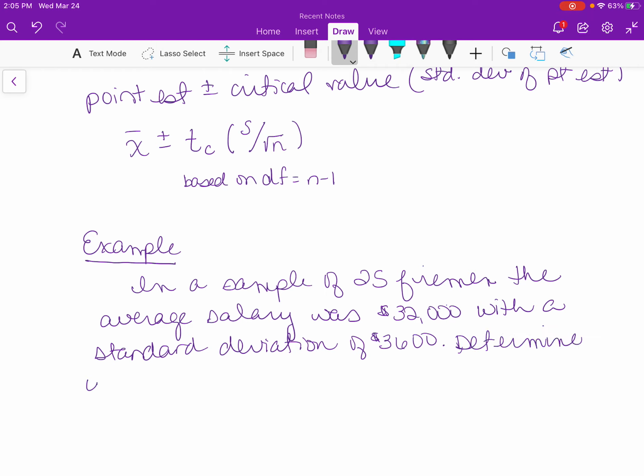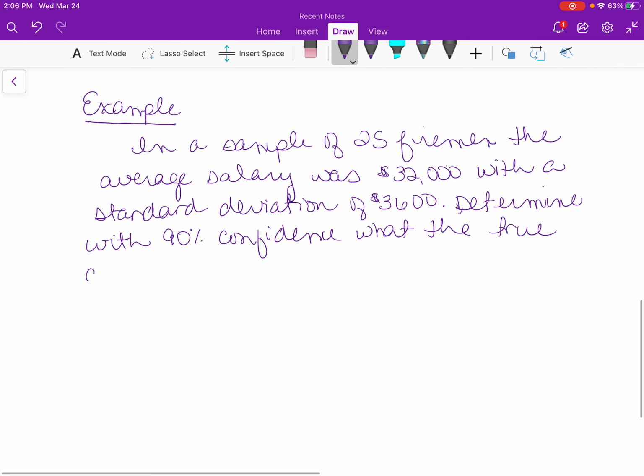Determine with 90% confidence what the true average salary would be.